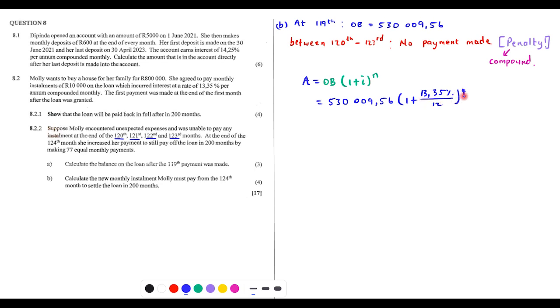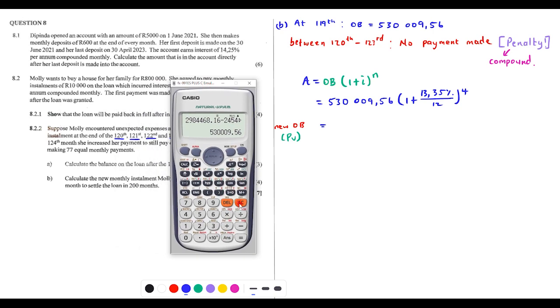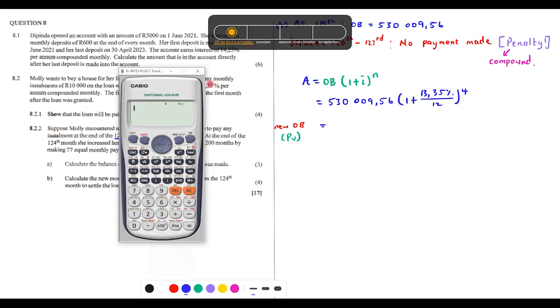So I'm gonna write this new OB, right? And then that new outstanding balance is gonna be your present value. So let's go ahead and see what that new outstanding balance is here. I'm gonna take this and then let me take the answer. Oh wait, what's happening here? Okay, all right, let me just open another one because this one is faulty. 009.56.